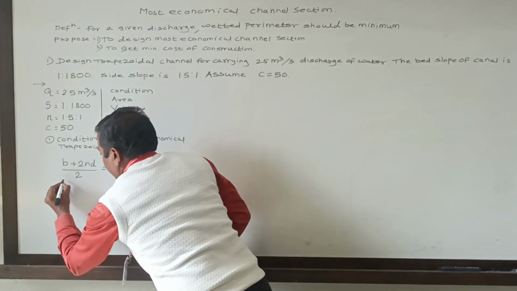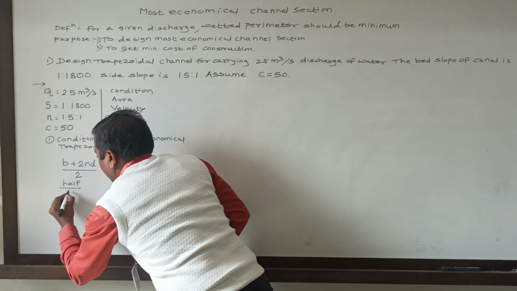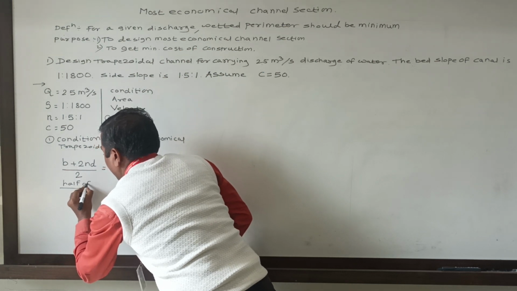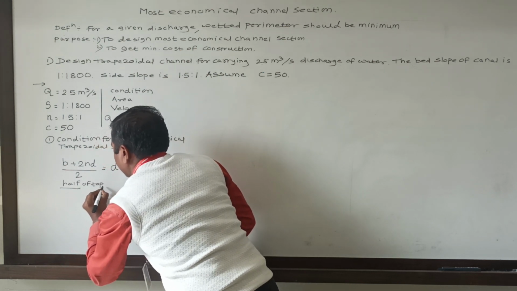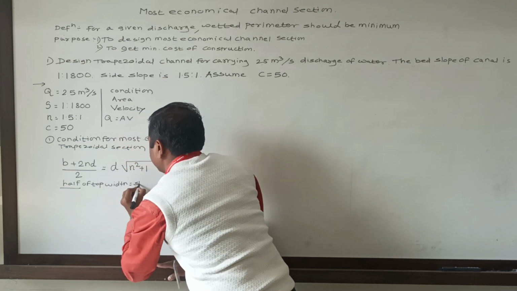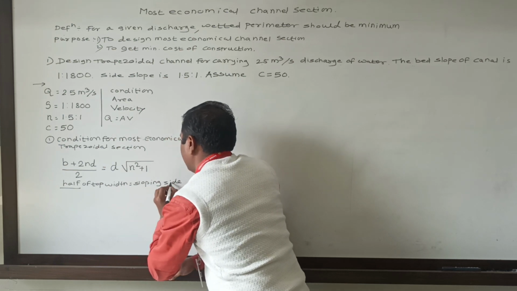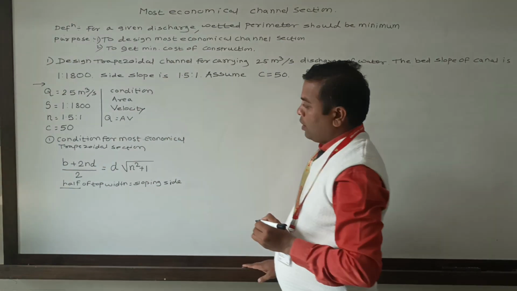So half of top width is equal to the sloping side of the trapezoidal section.